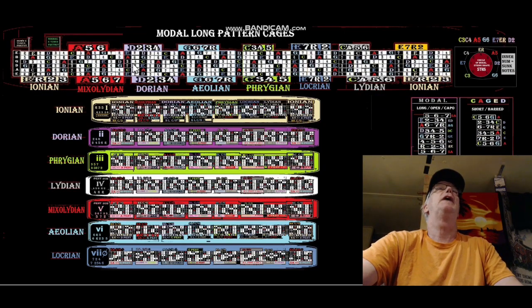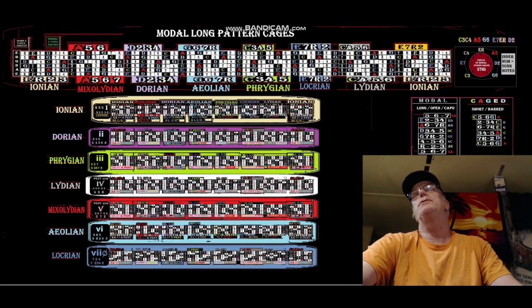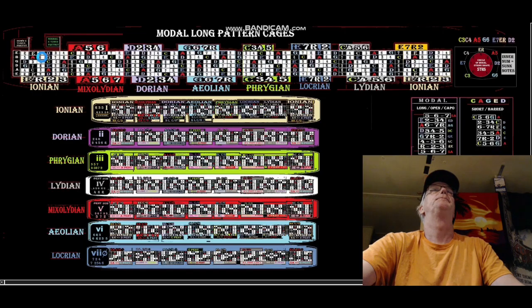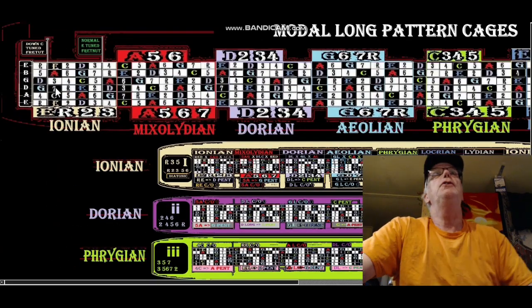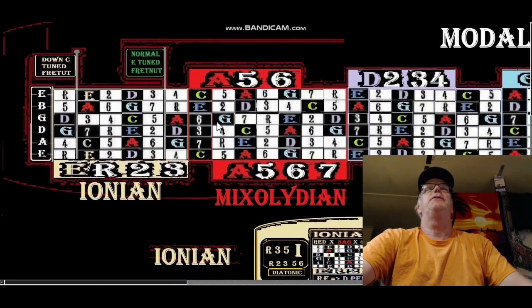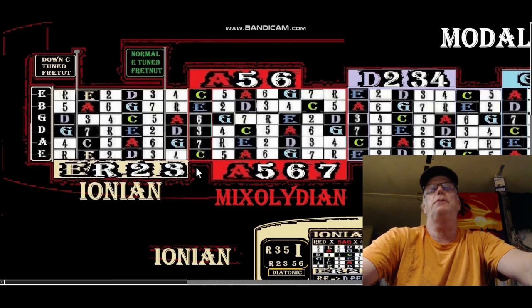Here's our root diatonic. Hopefully all these scale numbers are colored white here. Remember, these are virtual accidentals. The only reason I have this darkened in these particular frets is because these are spacer frets between the long pattern cages that are the short pattern cages.